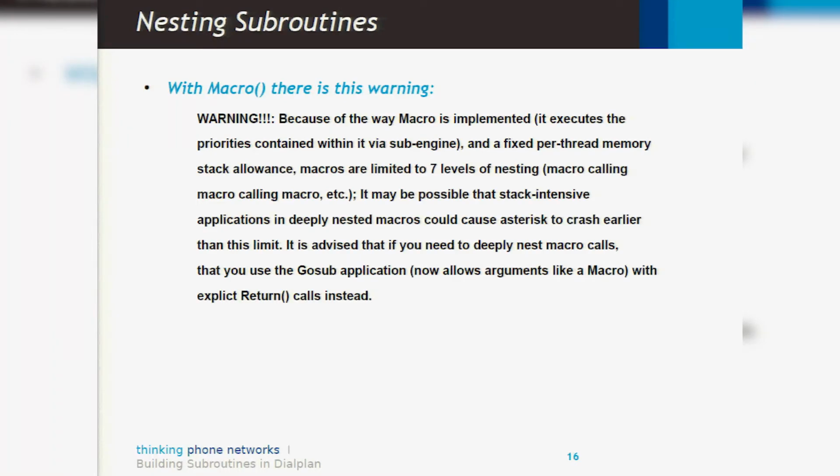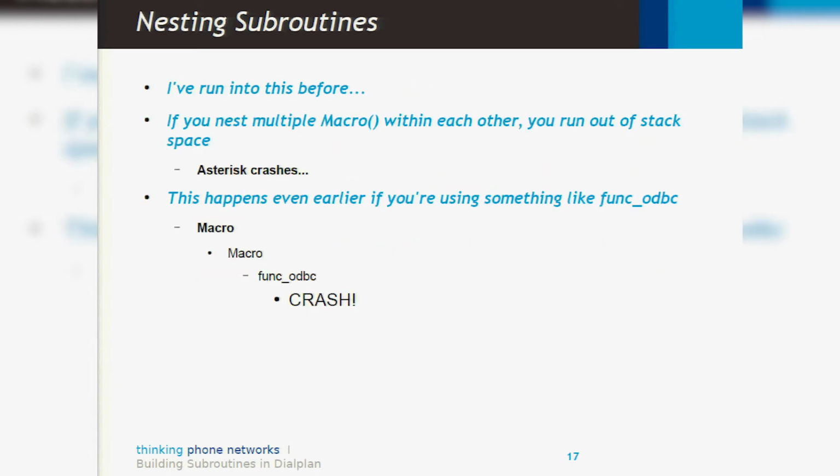So nesting subroutines with macro, there is a big warning if you do core show application macro, which really all this says is use Gosub because you can't get above 7 levels of nesting because we'll basically crash the system. I've run into this before, and it will happen much, much earlier if you start doing anything like FunctoDBC.